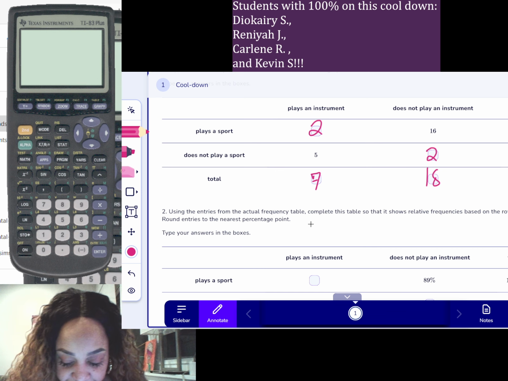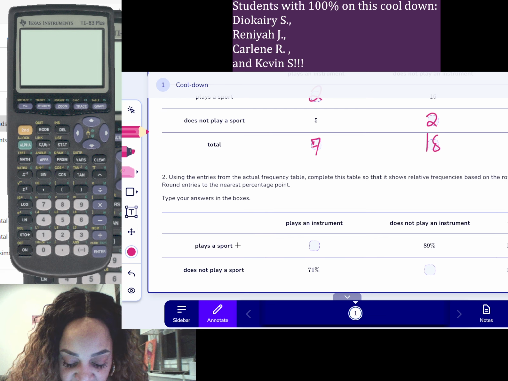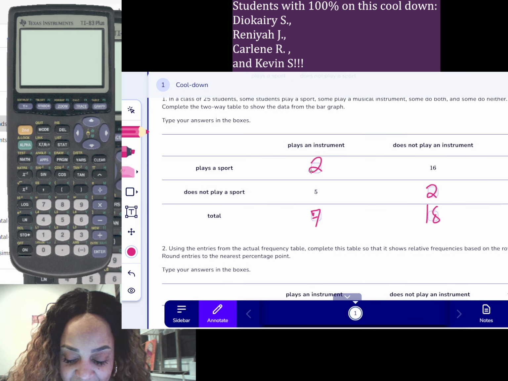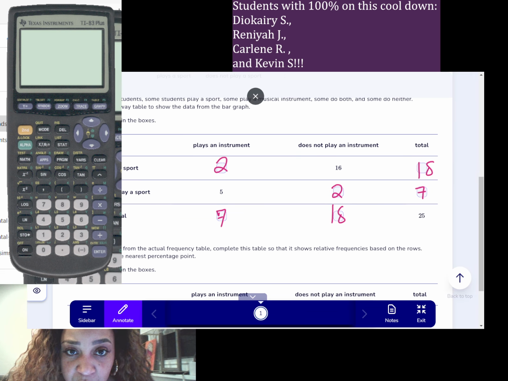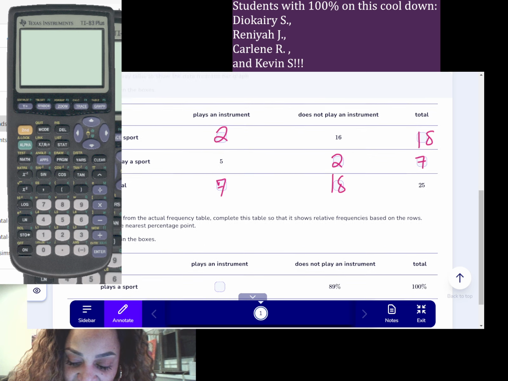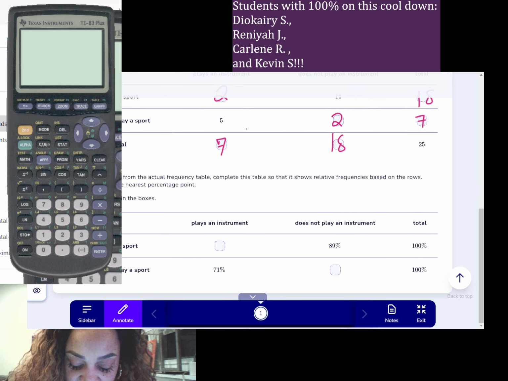So to find the relative frequency for playing a sport and playing an instrument, I need this number 2, and then I'm going to divide by the total in the row, which is actually 18. So I'm going to do 2 divided by 18 to get this percentage.